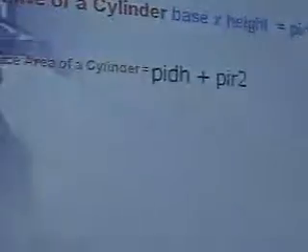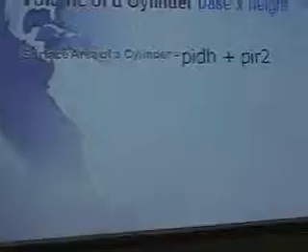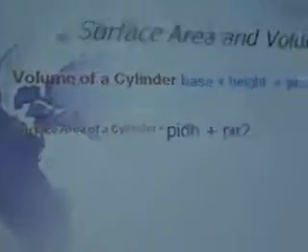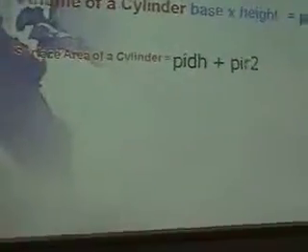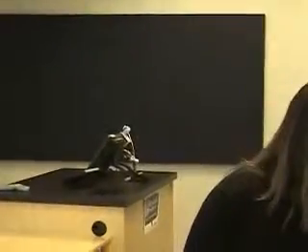Okay, so basically what you should have taken away from that is that the volume is going to end up being a little bit different. Surface area, you took a rectangle and we measured it yesterday and found that they have the same surface area.